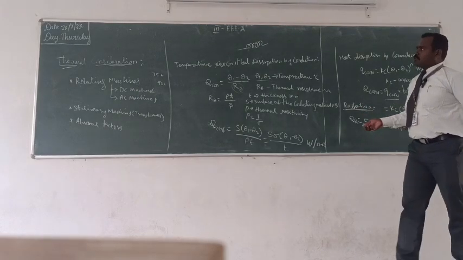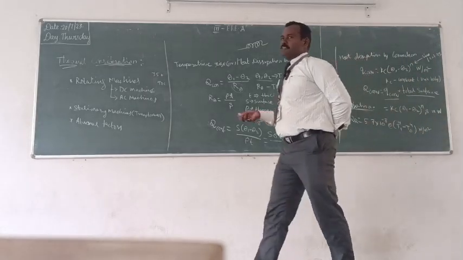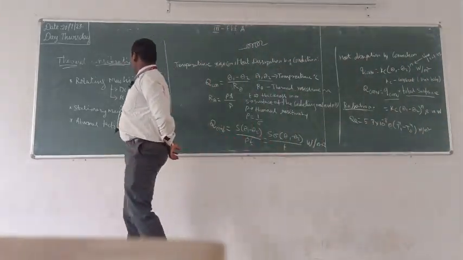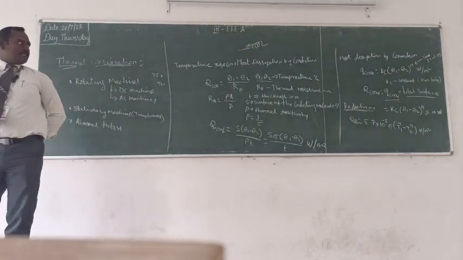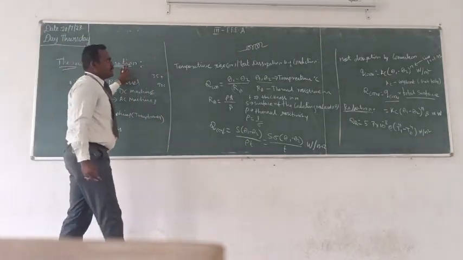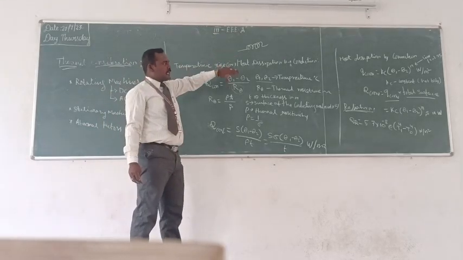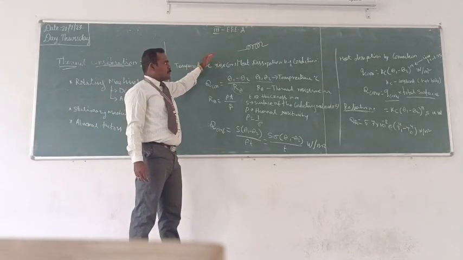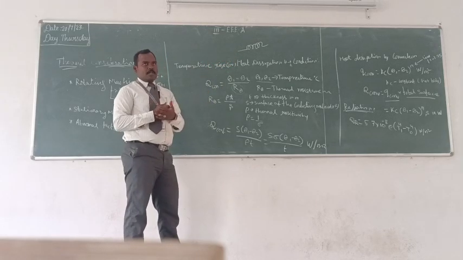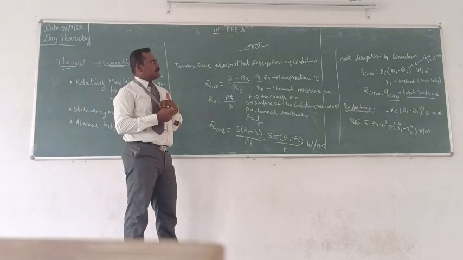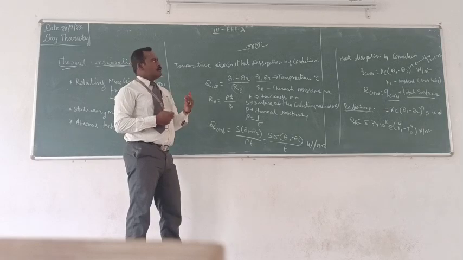So finally we conclude that temperature is one of the essential factors in the selection of insulating material and conducting material, and it occurs in three different ways: conduction, convection and radiation. Conduction is the process of conducting the temperature, and convection is also a process of transferring the temperature from one medium to another medium.